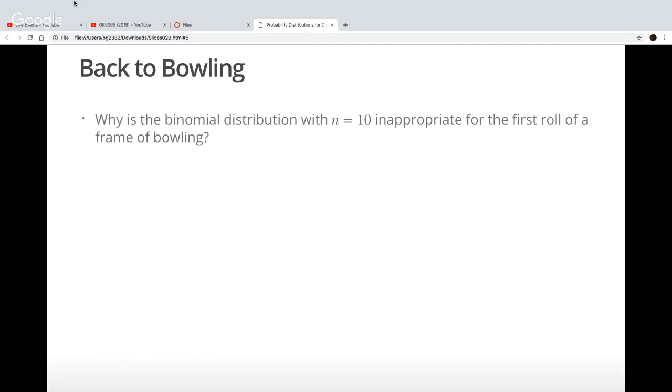And it may very well be the case that the pins in the middle have a higher probability of being knocked down than the ones on the edges. The bowler is aiming for the middle. So they might not have the same probability either. So no. Could a Bernoulli distribution be used for the probability of successfully getting a strike?